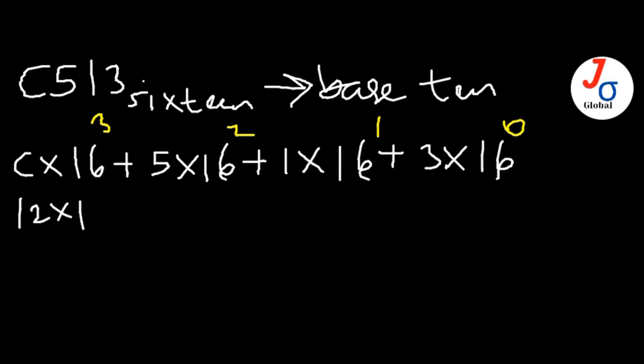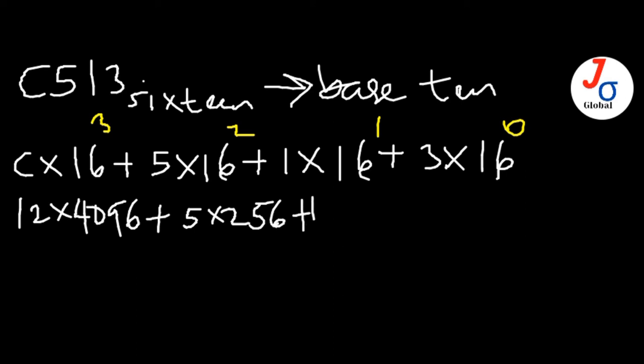What's 16 to the power of 3? That's 4,096, plus 5 times 256, plus 1 times 16, plus 3. 16 to the power of 0 is 1.